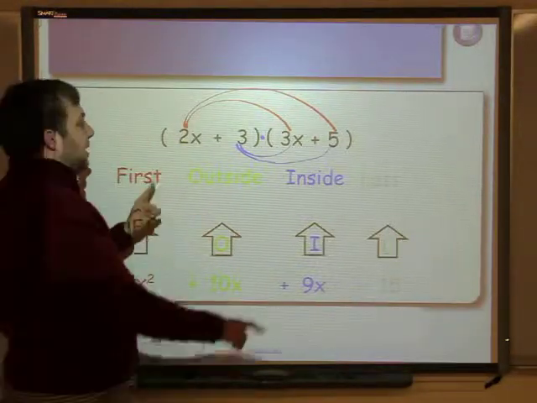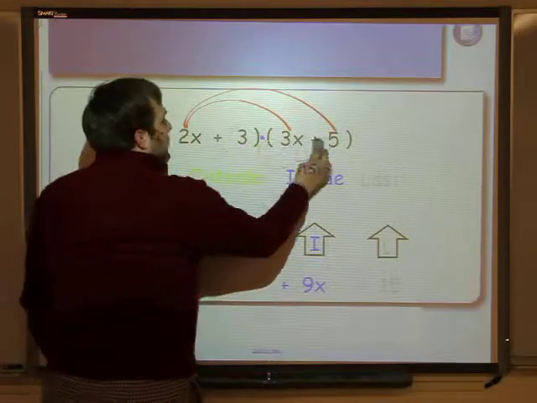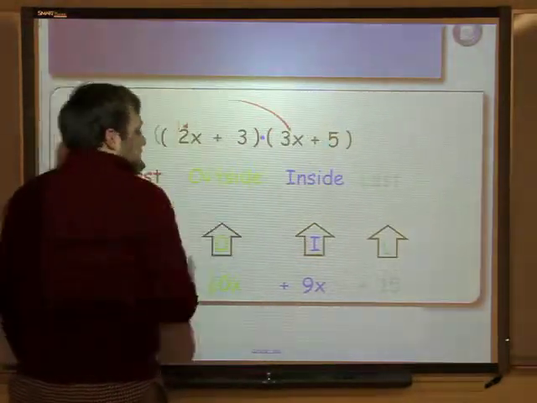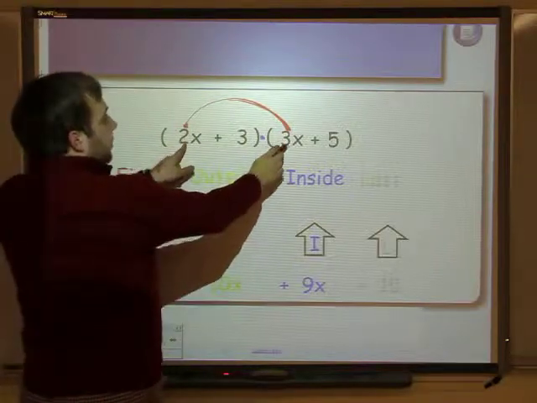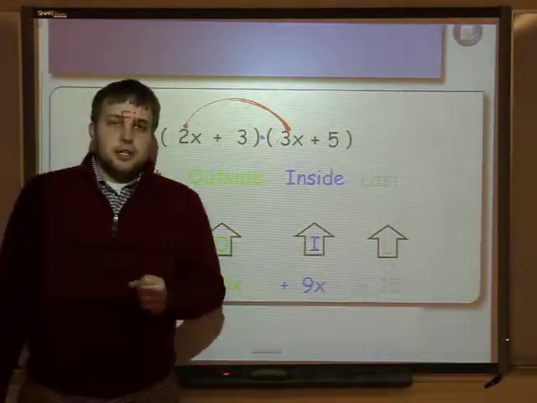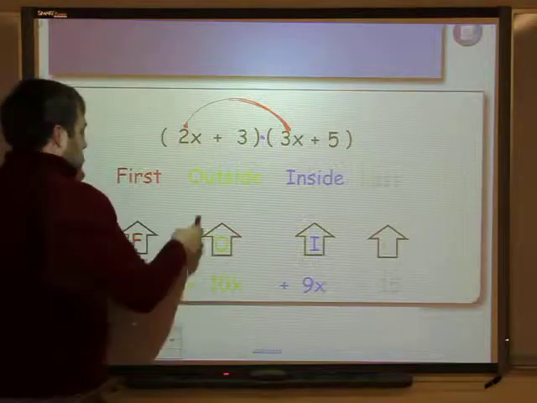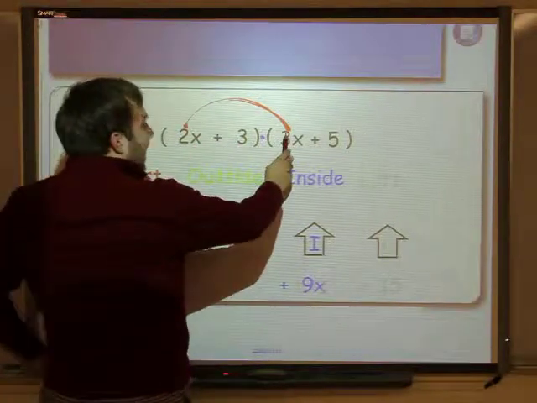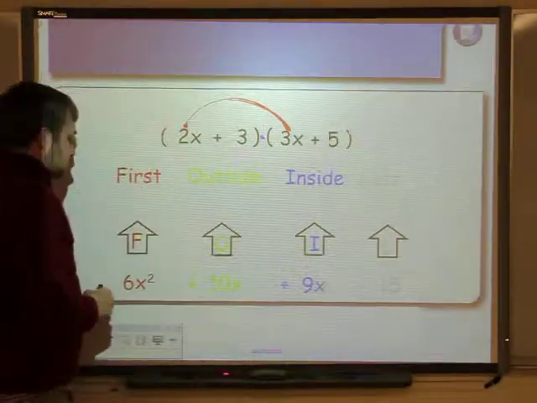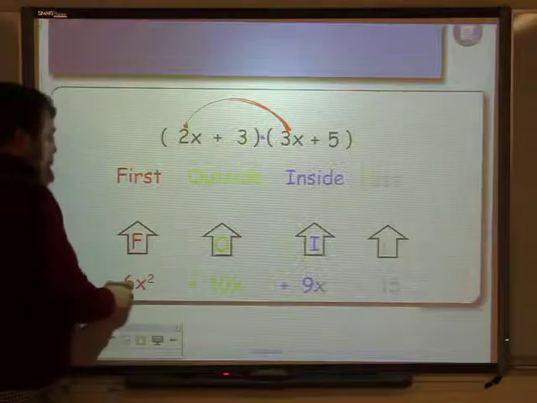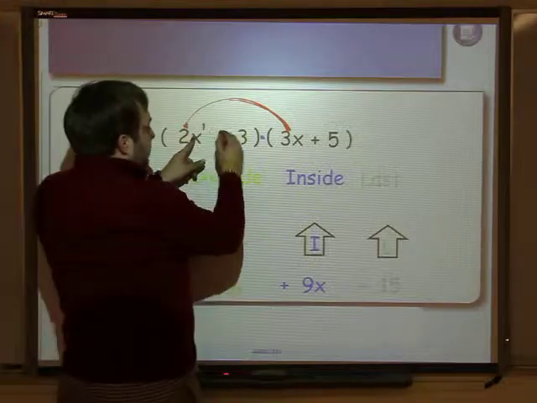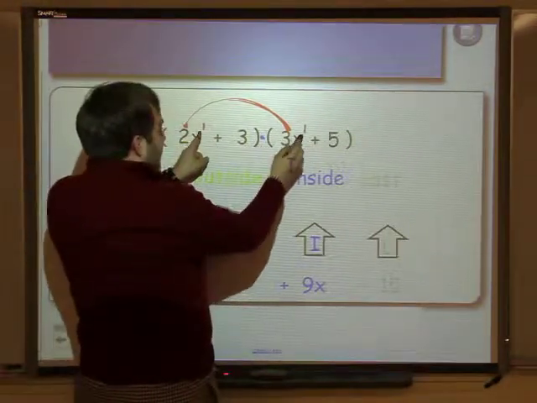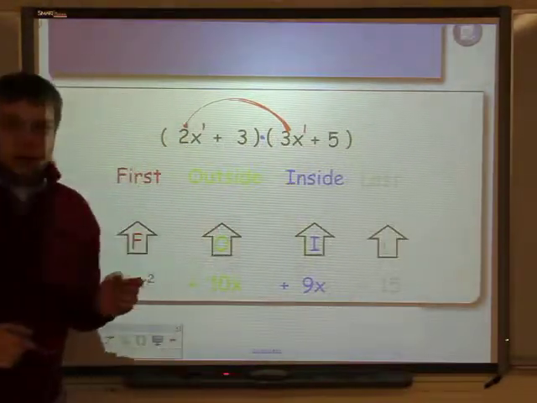So I'm going to take my first digits. What are my first digits? Well, the 2x and the 3x, that's my first digits. So multiply your firsts together. What does 2x times 3x give me? You should get 6x squared. Don't forget, you're multiplying, and when you multiply with exponents, you add.